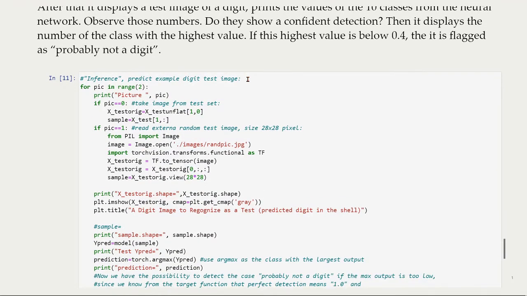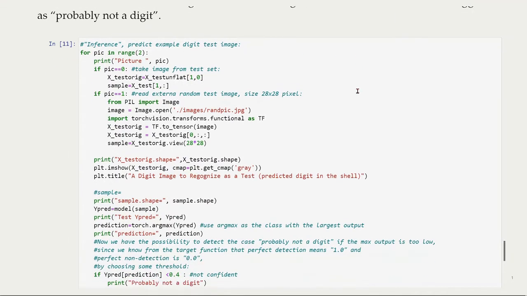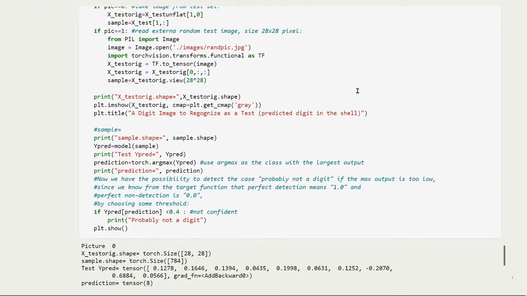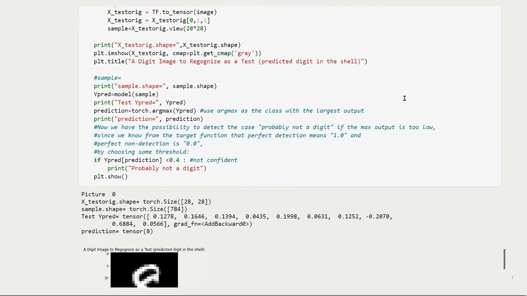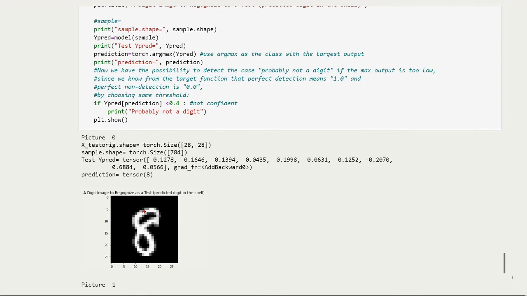At this point we are doing the inference like we did in previous examples. We are feeding our model with an image from the testing set, and then the model will predict, but this time using the detector, which digit it is. This is the image we are feeding, and it looks like an 8, and the detector predicted that, yes, indeed, it's an 8.